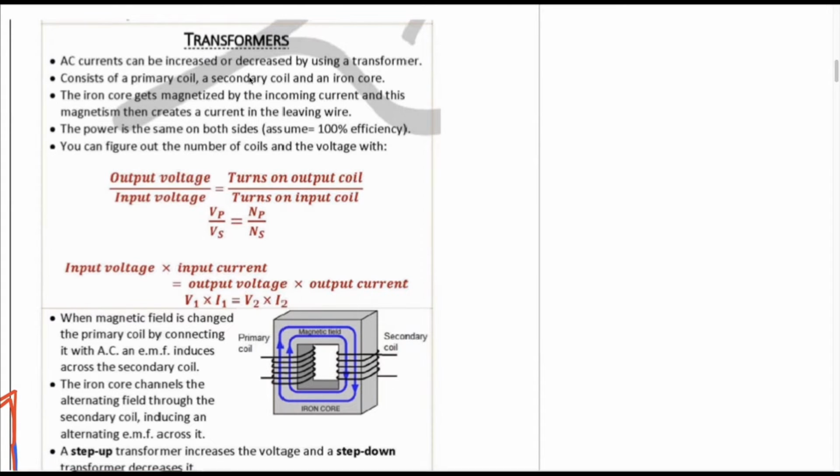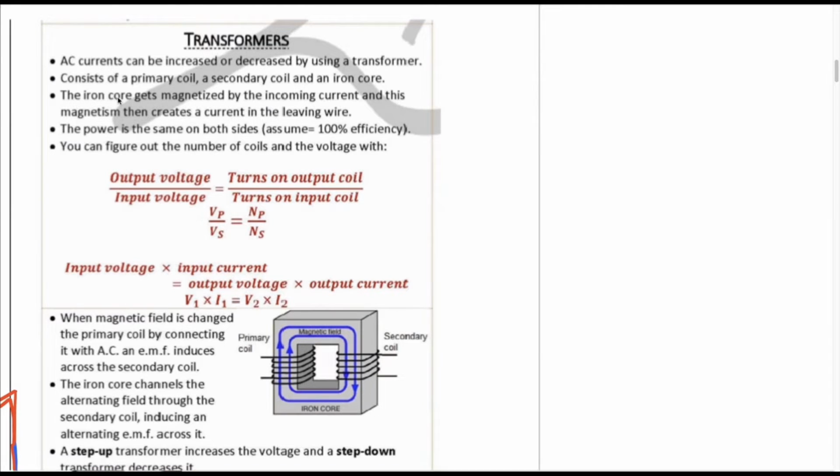The secondary coil is on the right. What is the function of the secondary coil? I will let you know later. So we have the primary coil and the secondary coil together with the iron core in between. Now let's see more details.